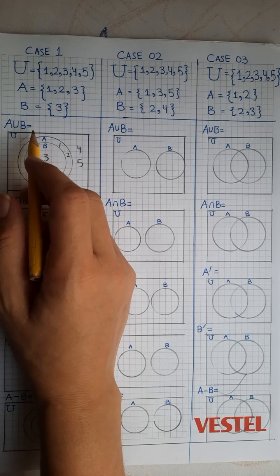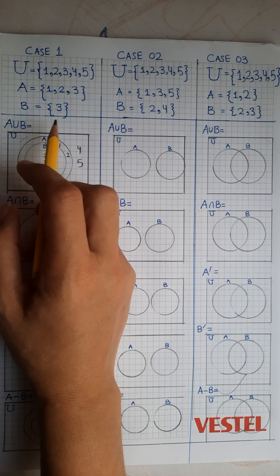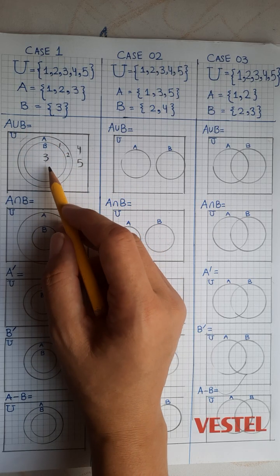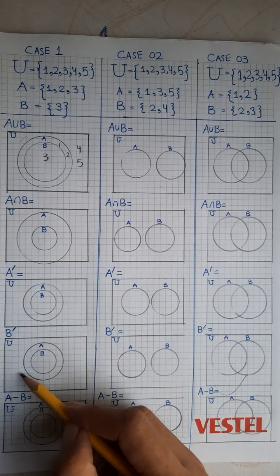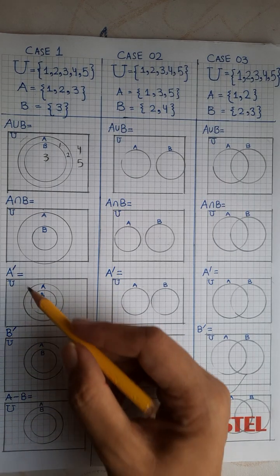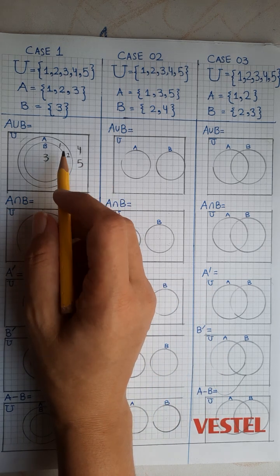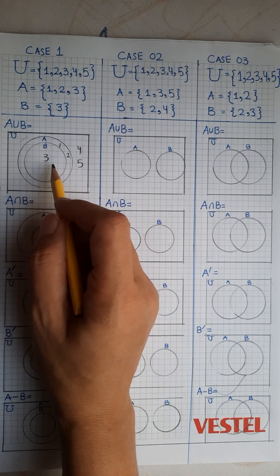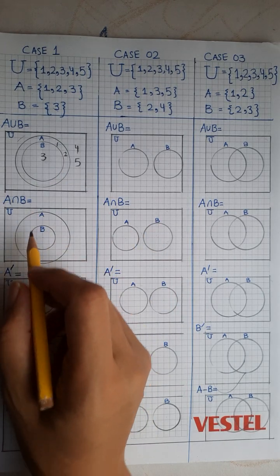Okay, now the question here asks us about A union B. Before I go into the operations, I want to tell you that the diagram will remain the same in each of these, whether the question is different or not. So if you have identified in the beginning which diagram you are going to draw, it will go on for every operation.